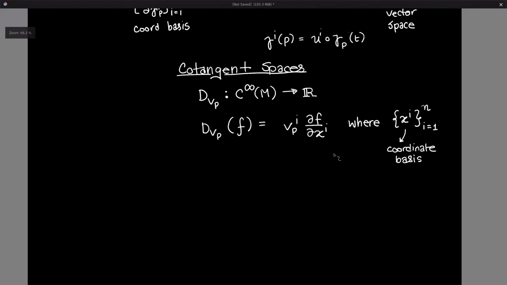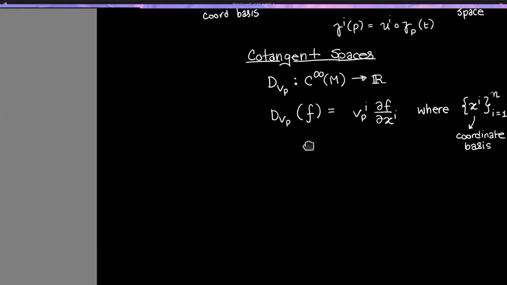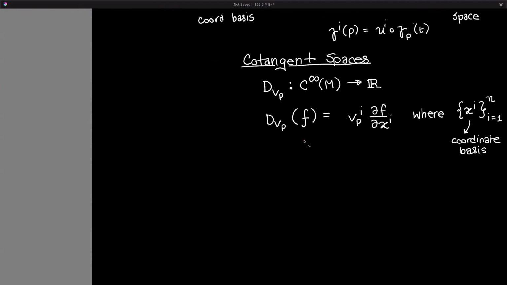And then you could translate this to any other basis given the rules of vector spaces. So this is the directional derivative. It has the same properties as if you've come across the directional derivative before, then this is exactly the same thing. It takes a vector and tells you the rate of change of the function on the manifold.